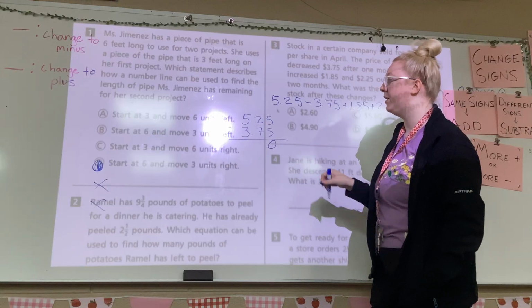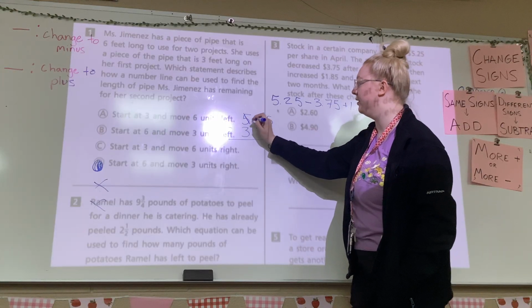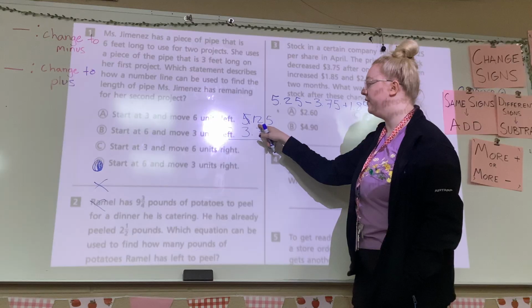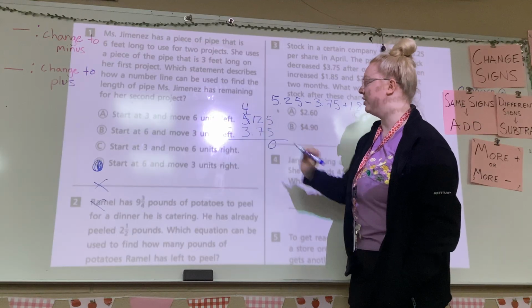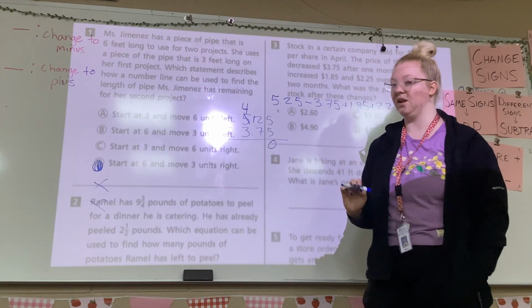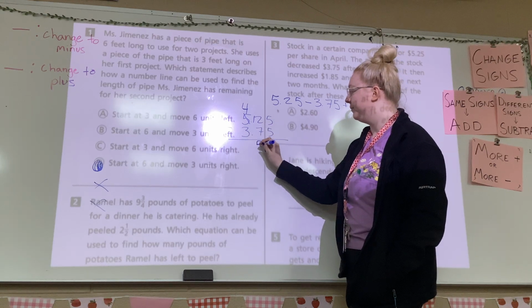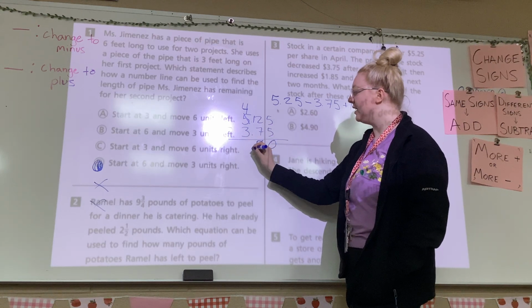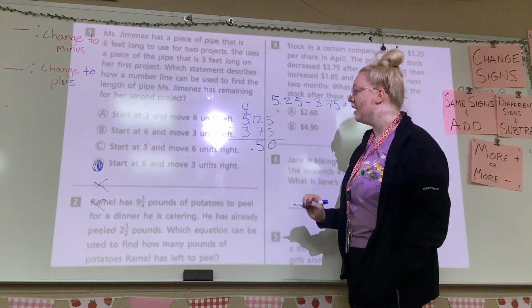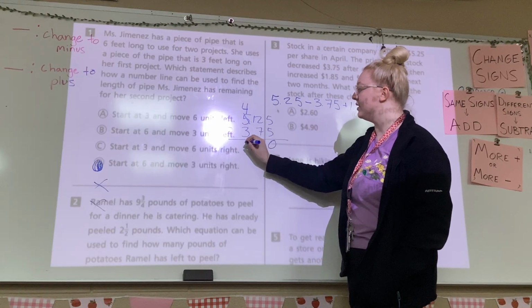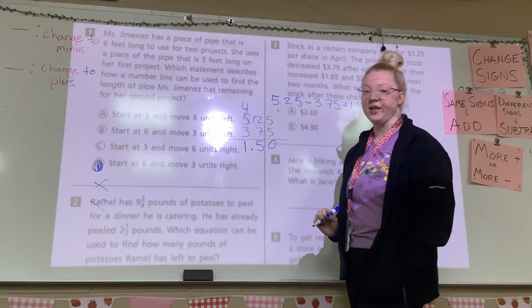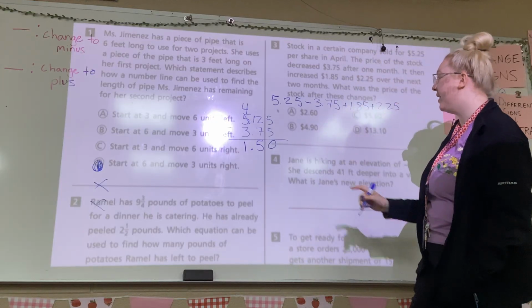We have to borrow from our 5 here, make it a 12, and change this to a 4. Hopefully that's review. If not, we can go over it. 12 minus 7 is 5. Our decimals are lined up, so we just add it back in. And then 4 minus 3 is 1. Are we done though? Not yet.